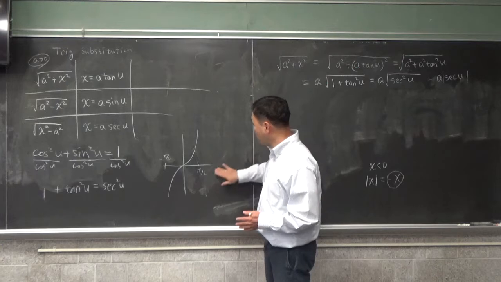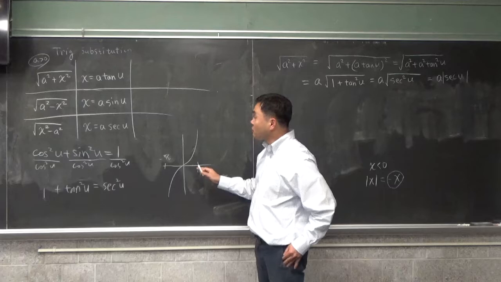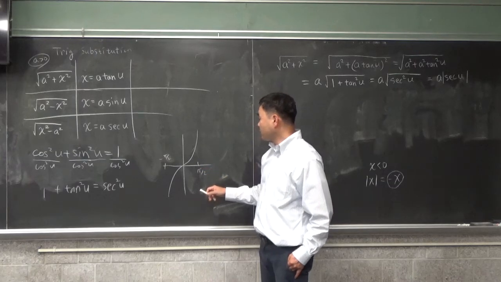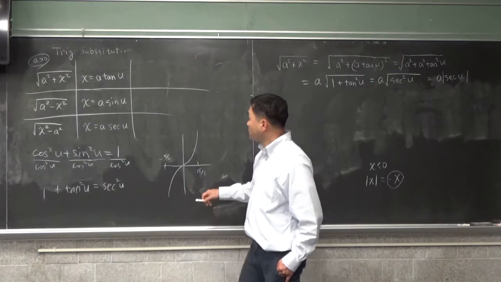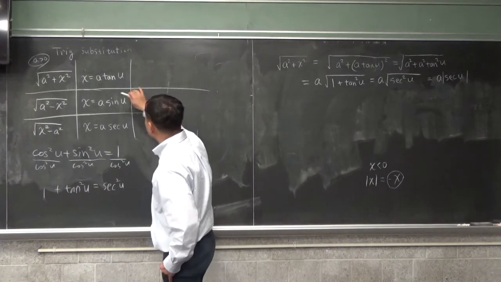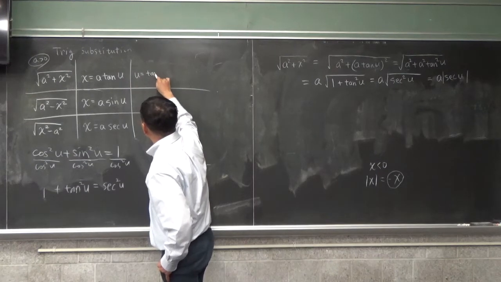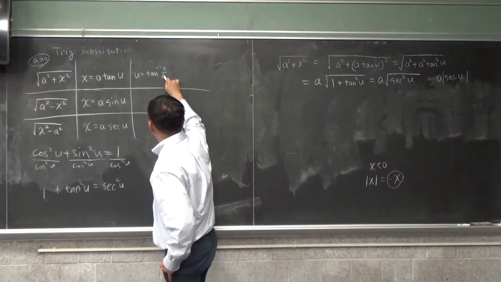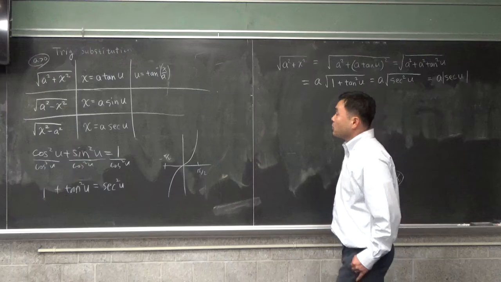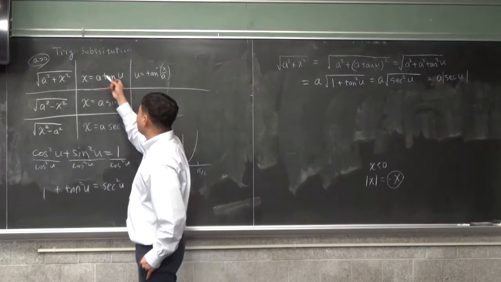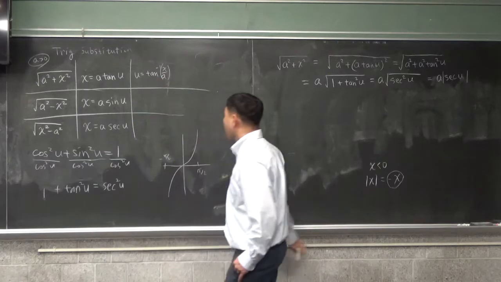But if you restrict the domain to just from here to there, it does have an inverse, and that's how you define the inverse function. And because this is really saying that u is equal to tangent inverse of x over a, when you make this substitution, you're really restricting the domain of u in order for this to make sense.